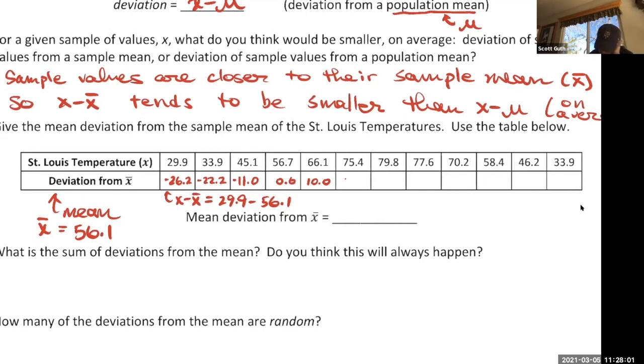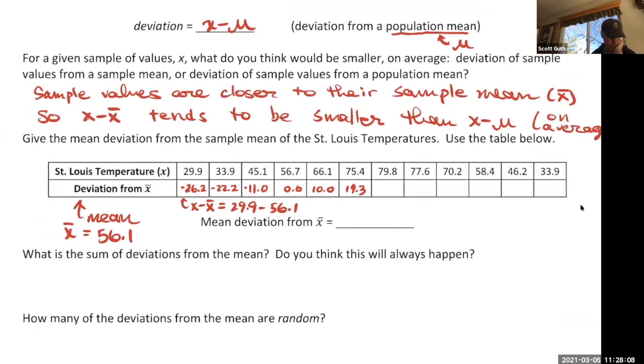Next one is 19.3. Deviations are getting big again. Next one is 23.7. Next one's 21.5.